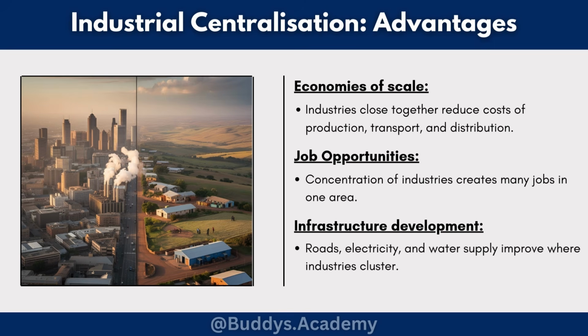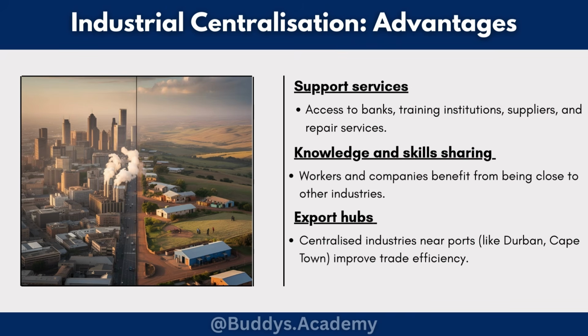So roads, electricity and water supply are all going to improve where your industries cluster. Your fourth advantage will be support services, so access to banks, training institutions, suppliers, and repair services. Fifth would be knowledge and skills sharing. So workers and companies are going to benefit from being close to each other and other industries.